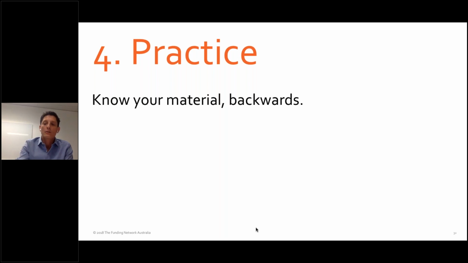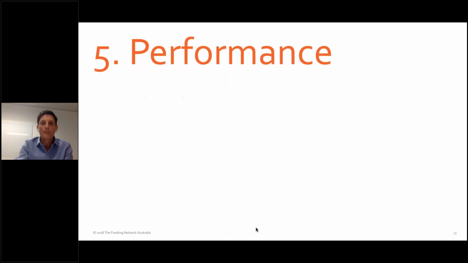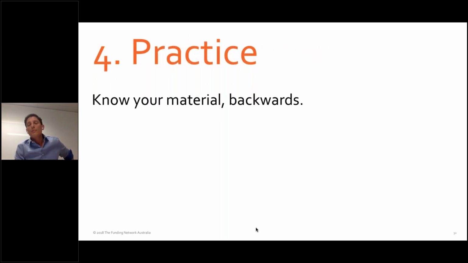You need to know your material upside down and backwards. The best actors in the world only get to the point where they can ad-lib their lines once they know the actual lines inside out. The sense of confidence that comes with being familiar with your material is what allows you to overcome nerves.